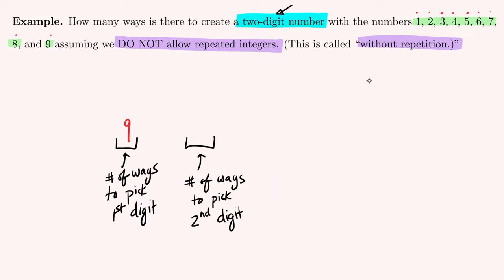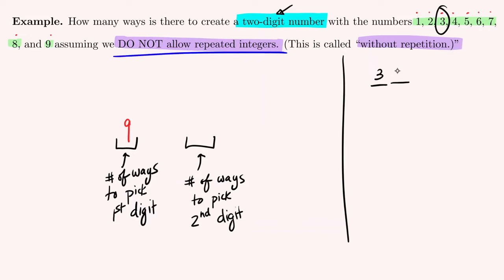But once I've picked that first digit, let's say for instance I picked 3 first. Based on what's highlighted in purple here, would I be allowed to choose 3 again for the second digit? Think about whether you'd answer yes or no there. If I've already picked 3 as the first digit, would I be allowed to pick 3 again as the second digit?